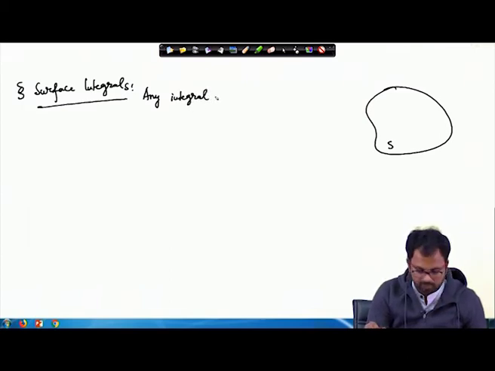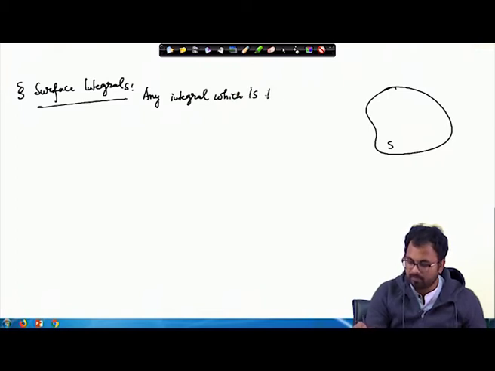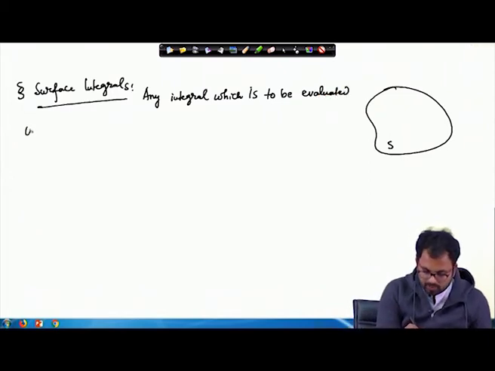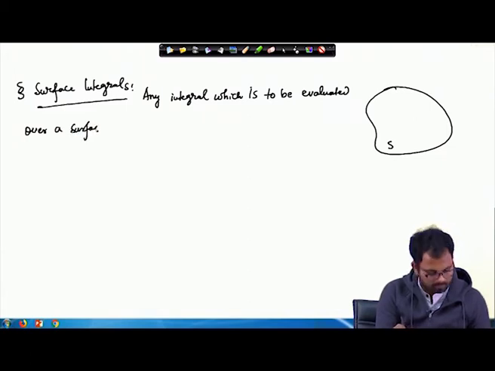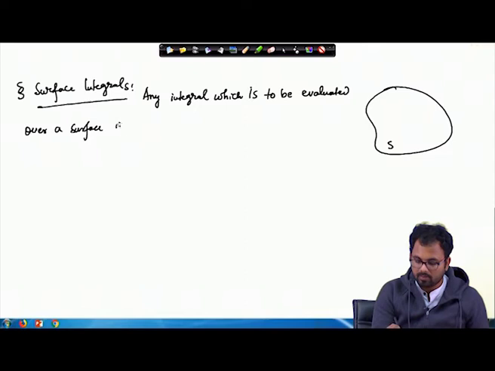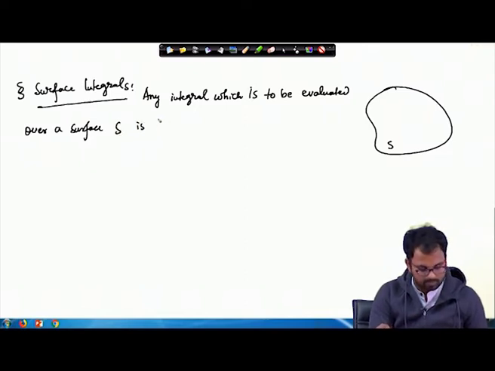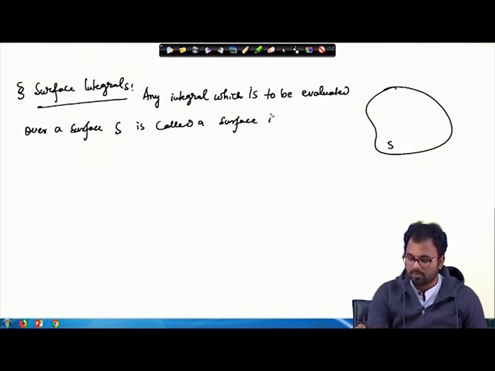Any integral which is to be evaluated over a surface, say S, is called a surface integral.